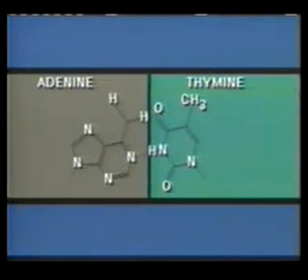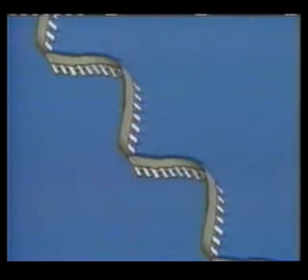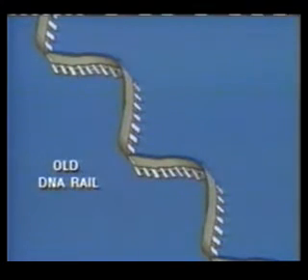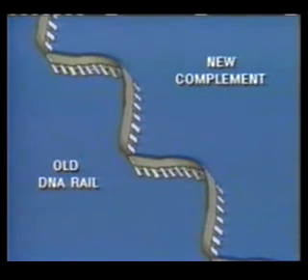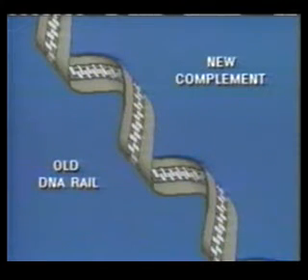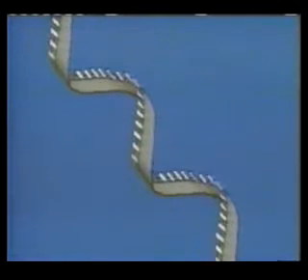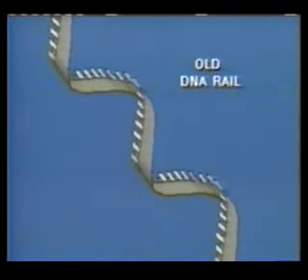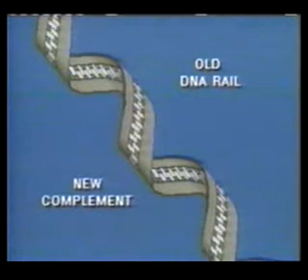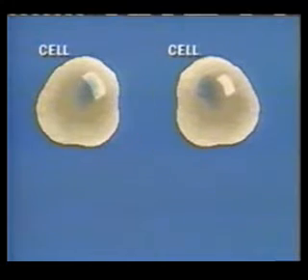This strict ordering, known as complementarity, means that the left hand of the zipper can exactly recreate the right hand half out of free-floating nucleotides in the nucleus, while the old right hand rail produces a new left-hand one. This produces 2 DNA molecules, one for each cell during the process of cell division.